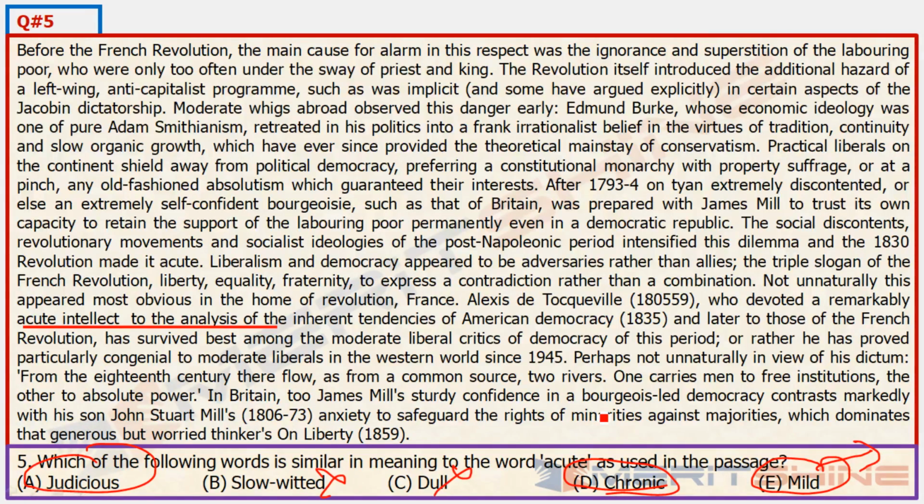So judicious is someone who has an ability to discern between right and wrong, right? So that's what judicious, sagacious, judicious. So acute can be replaced with judicious here. Remarkably judicious intellect to the analysis of inherent tendencies of American democracy. So that's the only word that could have been. So A is the answer out here.